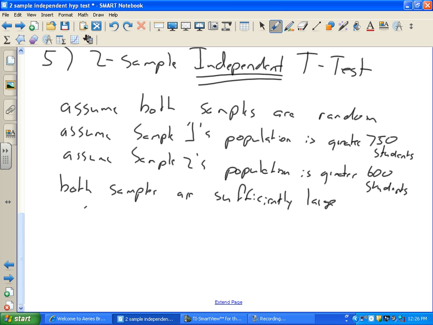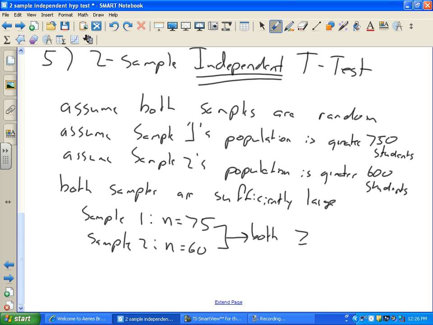And I would cite that sample 1, n is equal to 75. Sample 2, n is equal to 60. And I'd say both are greater than or equal to 30.